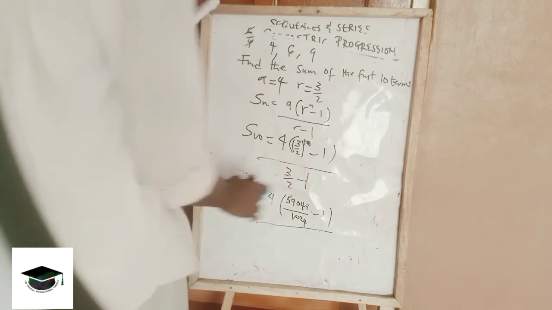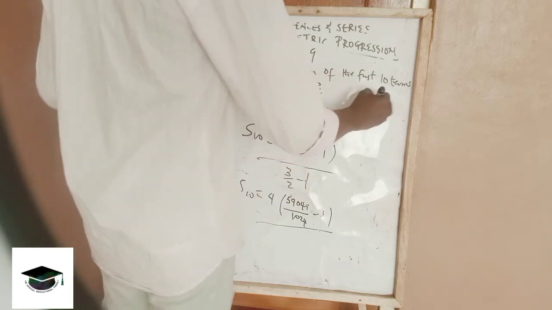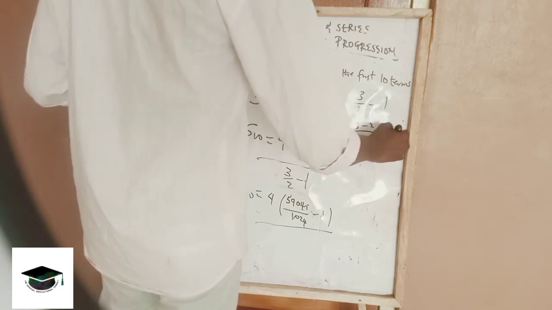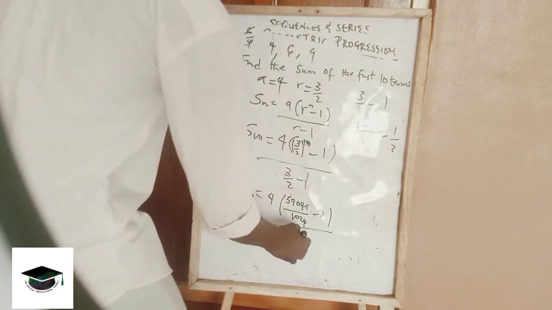Now, if you just simplify this, 3 over 2 minus 1, that's going to be 3 minus 2 over 2, which is 1 over 2.